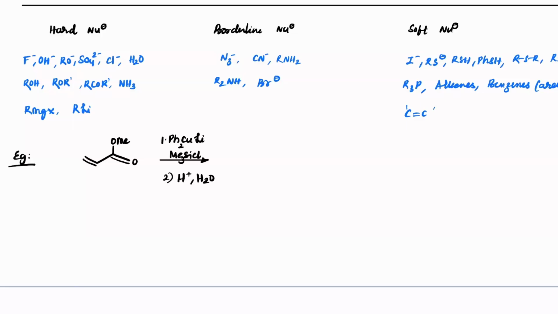Now, the moment the alkyl or aryl group is connected to metals like copper, which has high polarizing power, the nucleophilic strength will decrease, and we will be getting more of 1,4 addition. So you'll get this as Ph double bond O, as the 1,4 addition product. Got it?